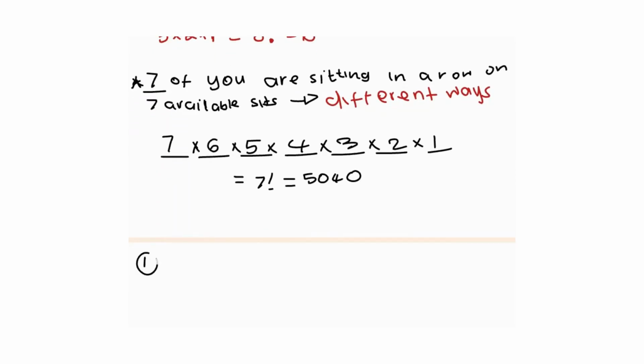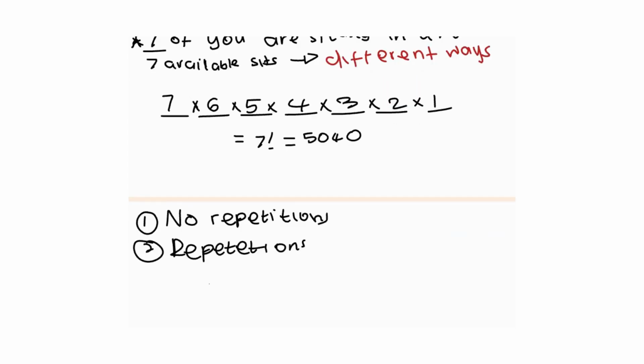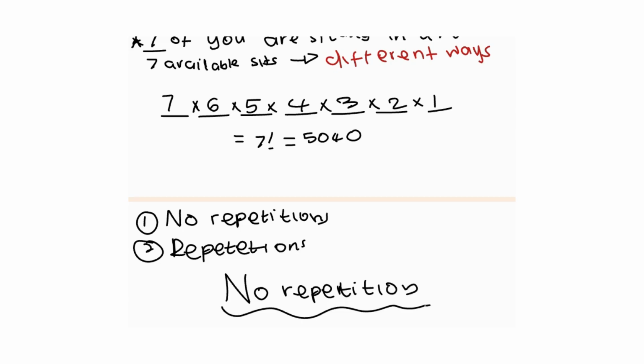Still on permutations, you can have no repetitions, or you can have repetitions. So now I'm going to start with no repetitions. When we write tests and exams, if they want you to repeat, they will always tell you.